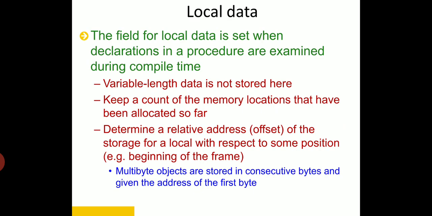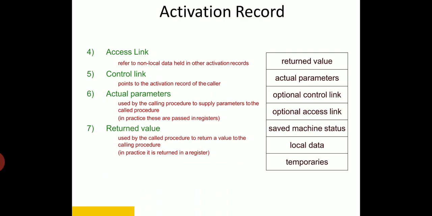So local data. Local data means the field for local data is set when declarations in a procedure are examined during compile time. But variable length data, that means we don't know whether its storage will be limited or it needs further storage, will not be stored in the local data field.